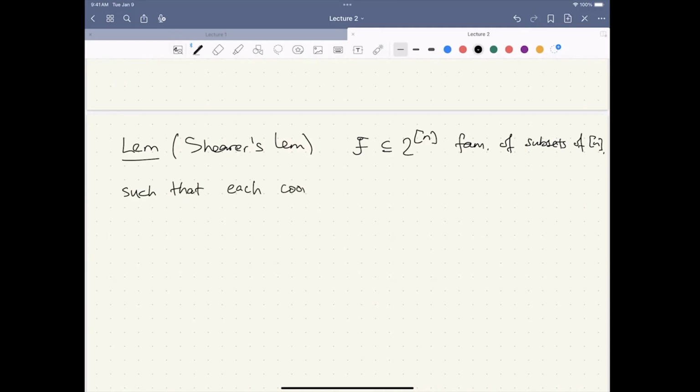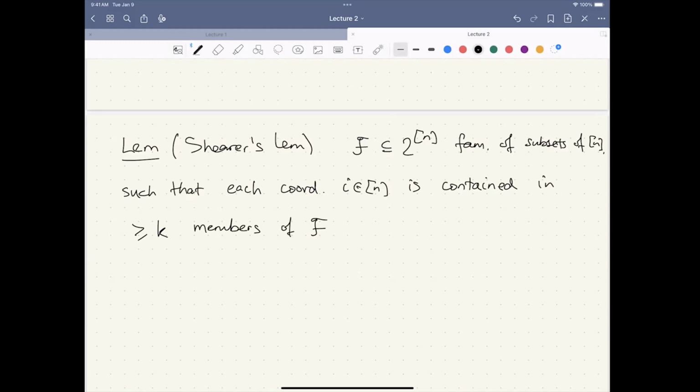each coordinate, we think of 1 to n as the coordinates, the directions. Each coordinate is contained in at least k members of F, k times.